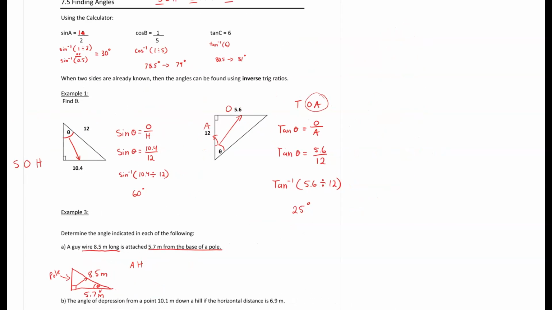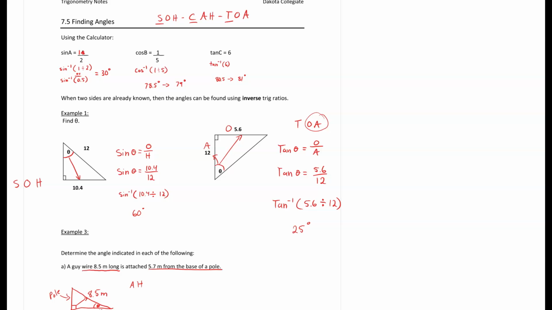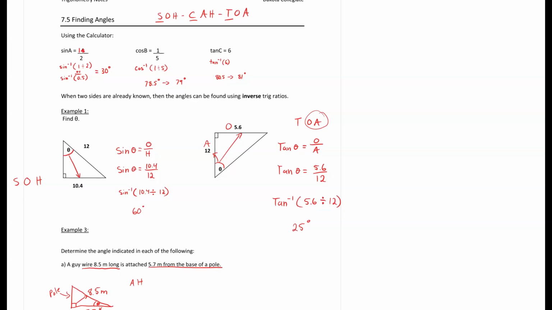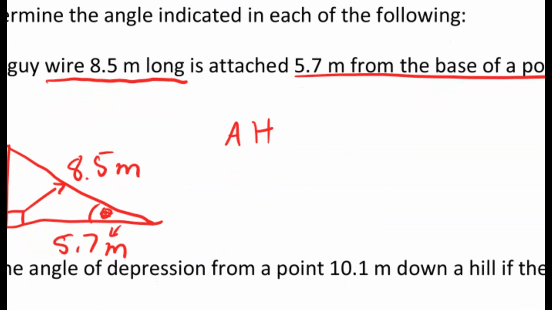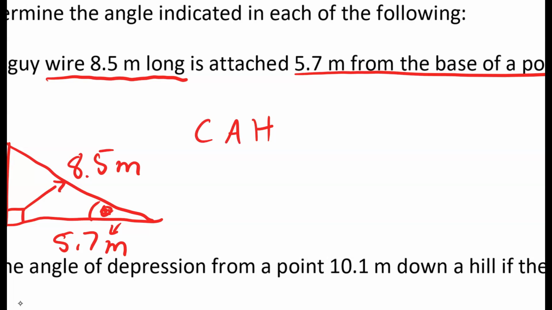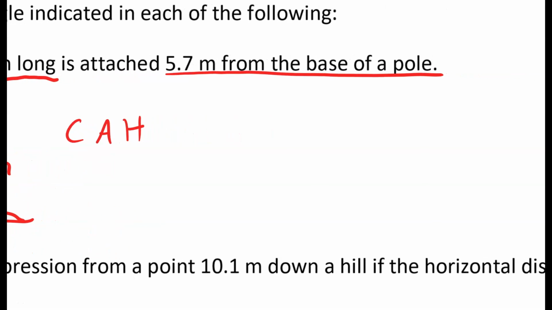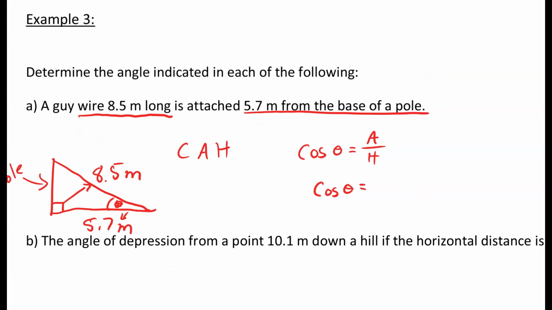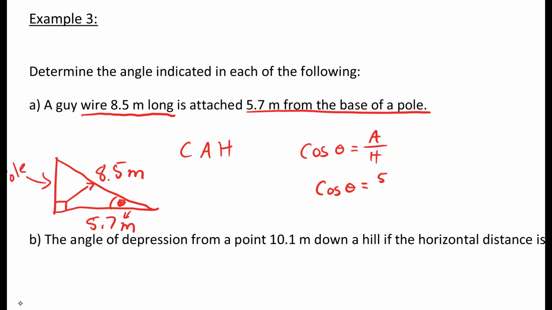If we look up at the top for SOHCAHTOA, we have adjacent and hypotenuse, meaning we're going to be using CA. So cos equals adjacent over hypotenuse. So cos theta equals my adjacent, 5.7, over my hypotenuse, which is 8.5.